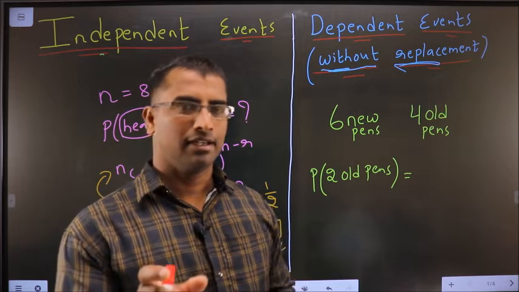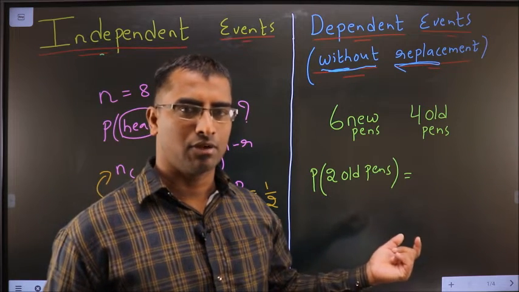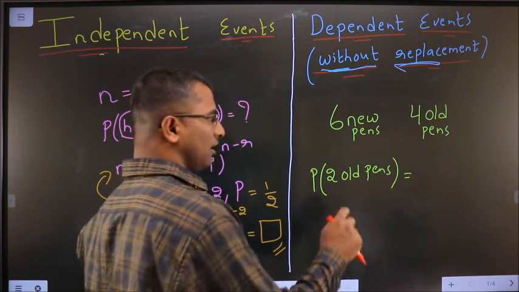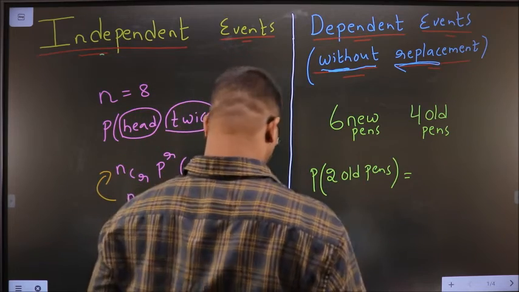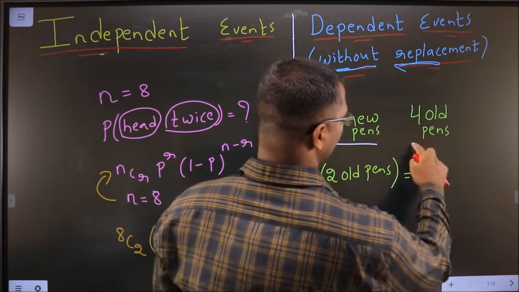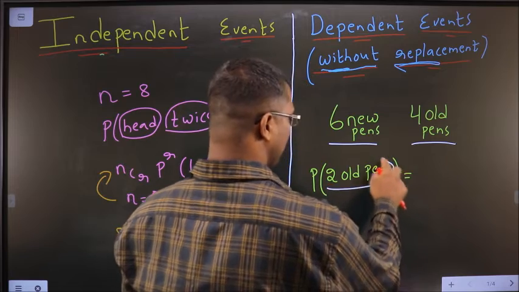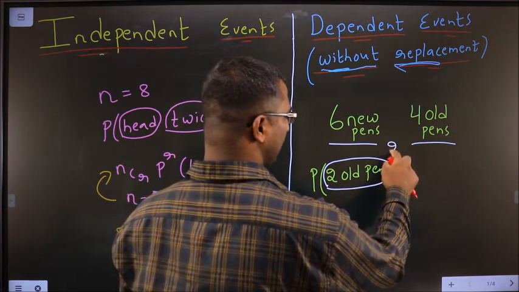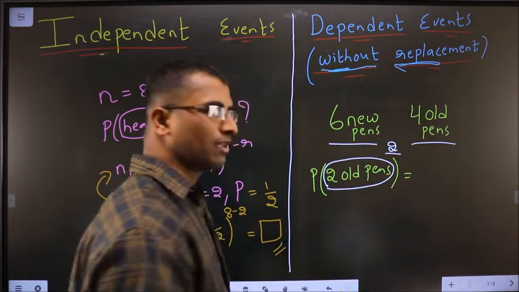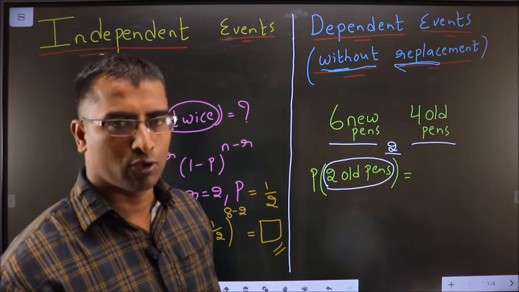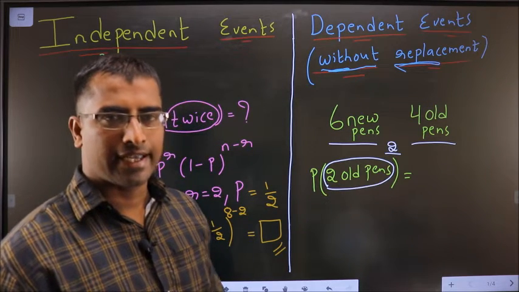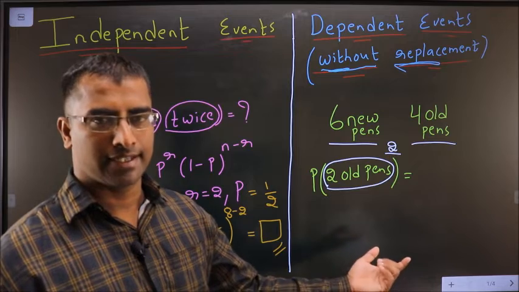Whenever dependent, you should use combinations. How? See here. There are 6 new, 4 old. You are selecting 2 pens. Let us say you are taking out 2 pens at a time. You want both the pens to be old. In that case, how do you find the probability? In this way.